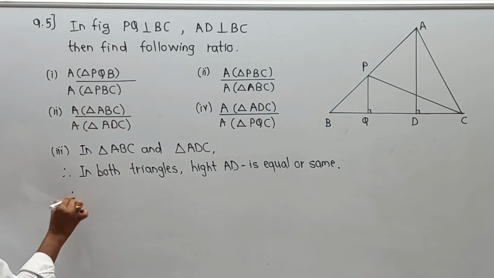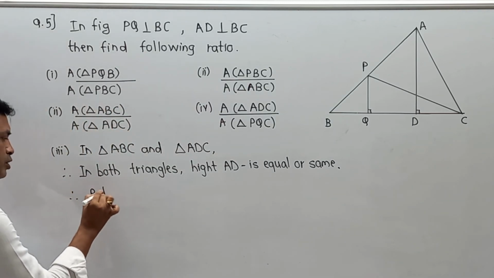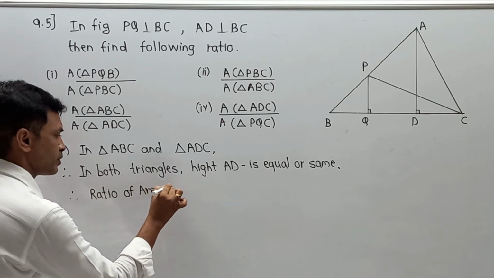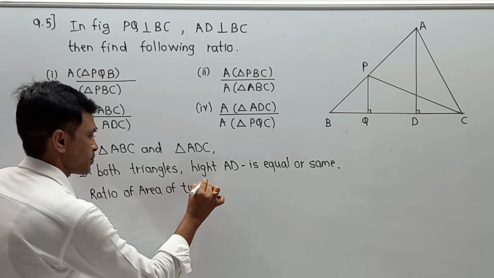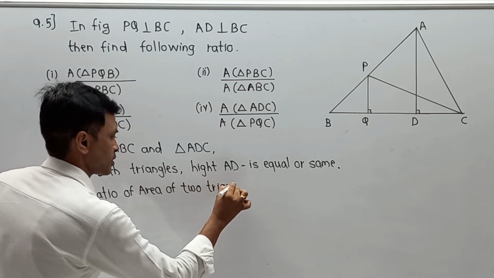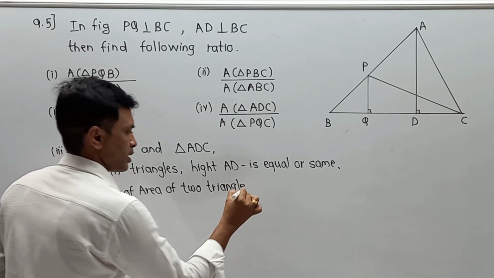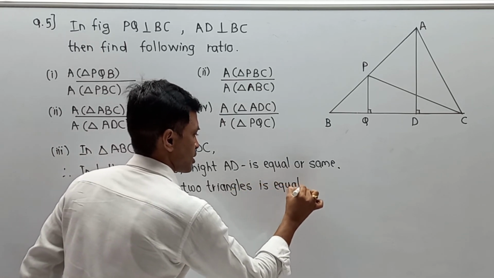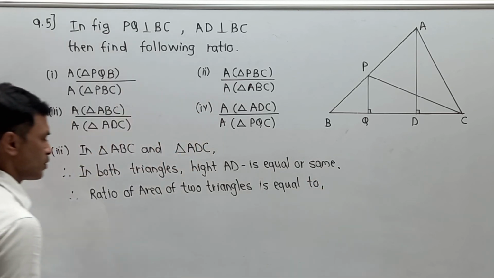Therefore, ratio of area of two triangles is equal to ratio of their base.